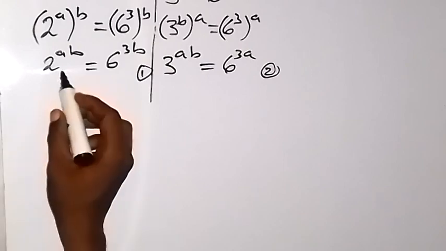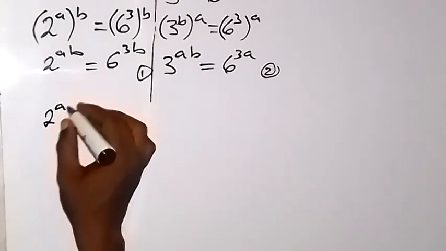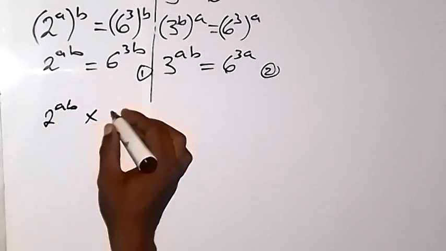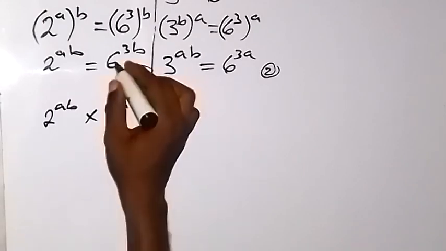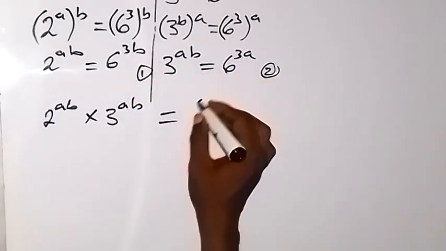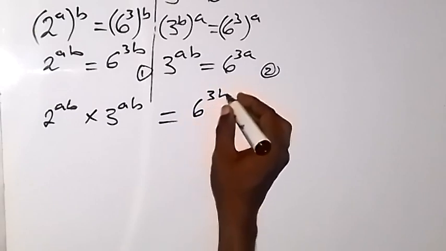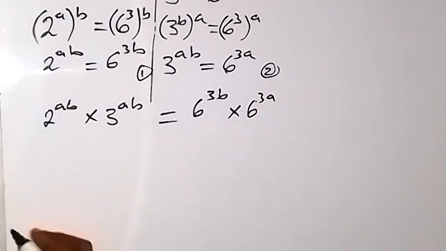That is 2 raised to power ab multiplied by 3 raised to power ab, and on this side, 6 raised to power 3b multiplied by 6 raised to power 3a.